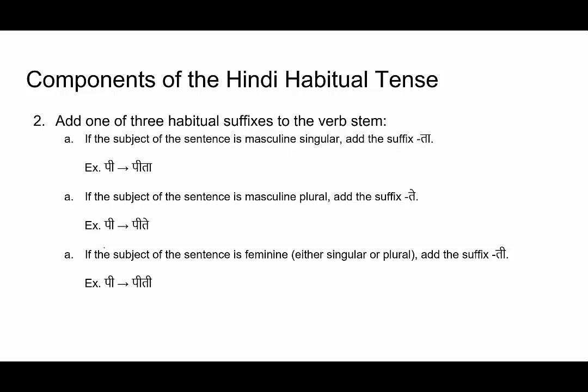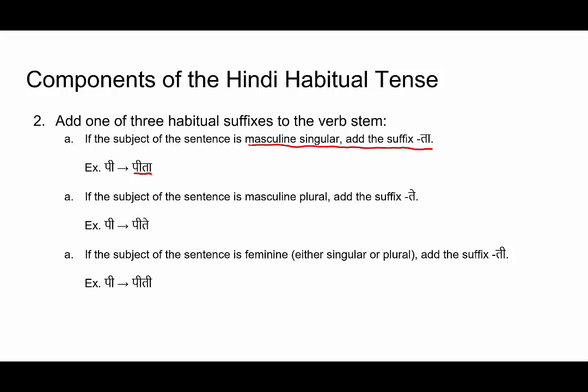The next step is to add a new suffix to the verb stem. We insert one of three suffixes depending on the number and gender of the sentence's subject. So if the subject of the sentence is masculine singular, we add the suffix ta to the verb stem. So if we had the verb stem pi, adding ta would make pita.